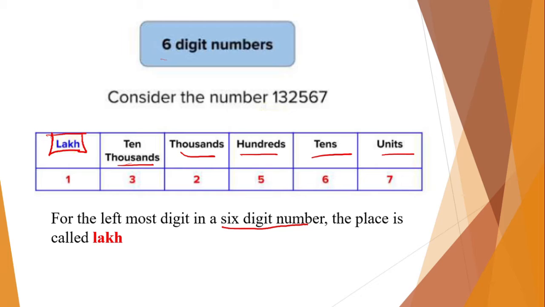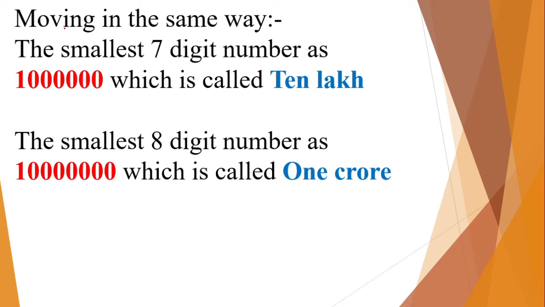So the six-digit place value is called lakh. Moving in the same way, the smallest seven-digit number is called 10 lakh. The smallest eight-digit number is called 1 crore.